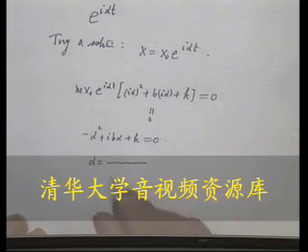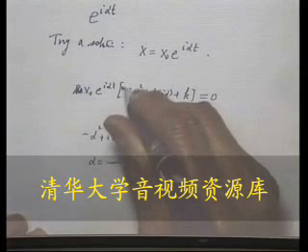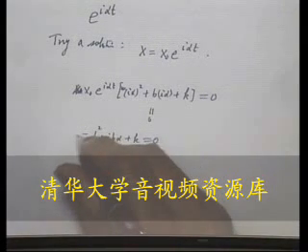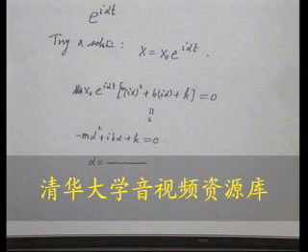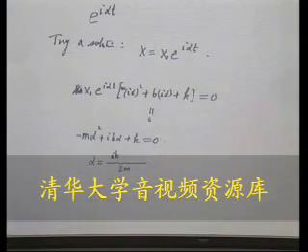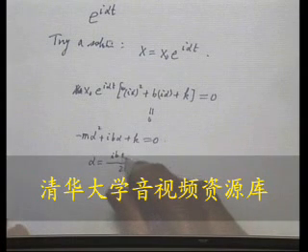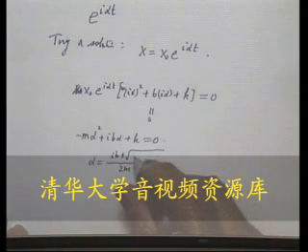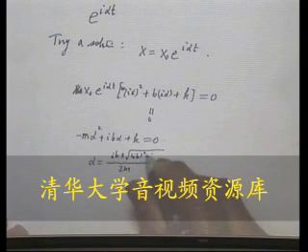minus m, so it's equal to 2m, IB, plus minus square root of minus b squared, or IB squared, minus plus 4mk.